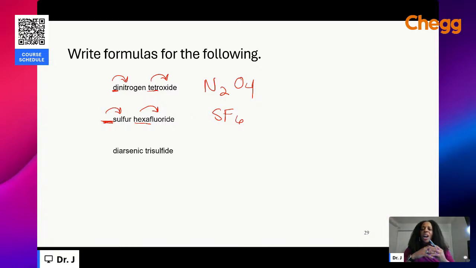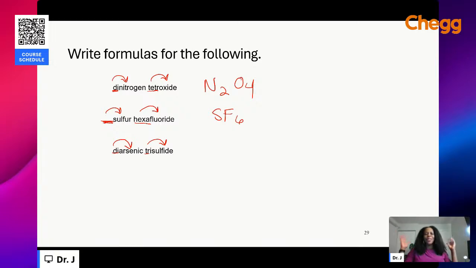Okay. All right. Last one to wrap up. We have diarsenic trisulfide. This one's kind of a trick, but not really. We'll see if you all can get this right. Diarsenic trisulfide.